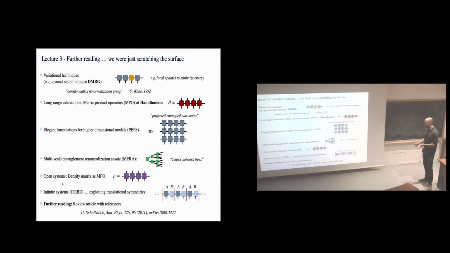And the easiest one conceptually is if you have nearest neighbor type Hamiltonians, so they only act on two sites, and you have a translational invariance over two sites. Then it turns out you can think about your MPS as an infinite MPS, where you just have two of these three-dimensional tensors, one you call A and one you call B, and you just think about repeating them up to infinity. And then instead of evolving a large system, you can just evolve really two of those tensors. Or if you have something that breaks the translation invariance over larger sites, you just need a bit of a larger unit. But this has been very, very useful in many different works.